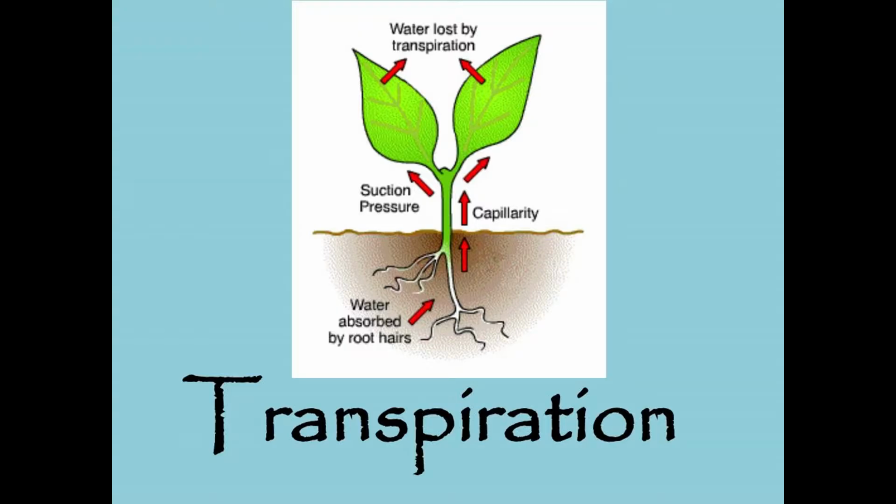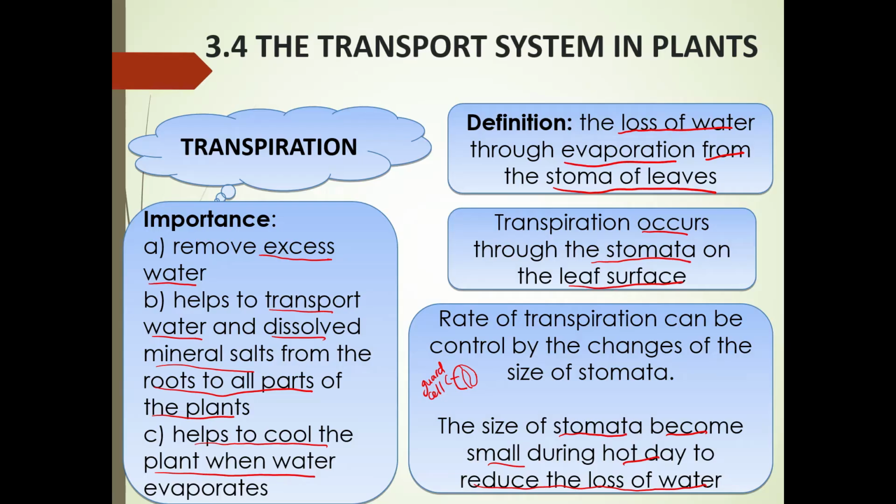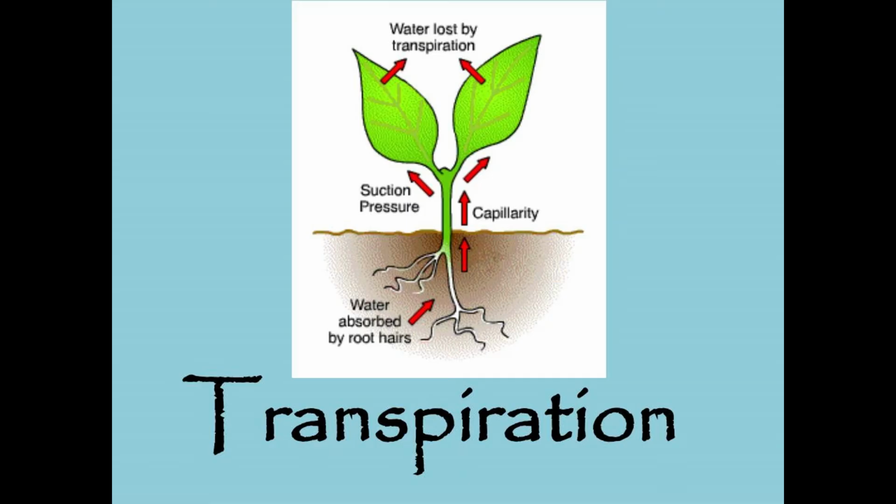So the next part, this is the transpiration. Let's look at the second point here, which says that it helps to transport water and dissolved mineral salts from the roots to all parts of the plants. So the water lost by transpiration means the water will be lost to the surroundings as water vapor.